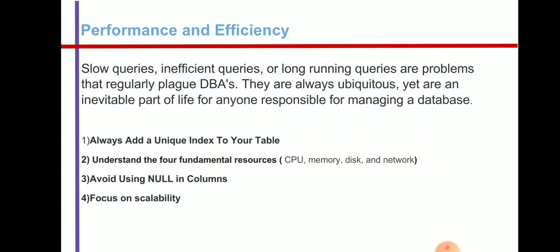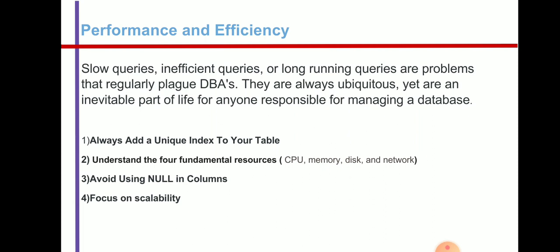And generally speaking, each query runs on a single thread. What does this single thread mean? It executes one command at one time. It will not execute parallelly, meaning multiple statements would not be executed in parallel.